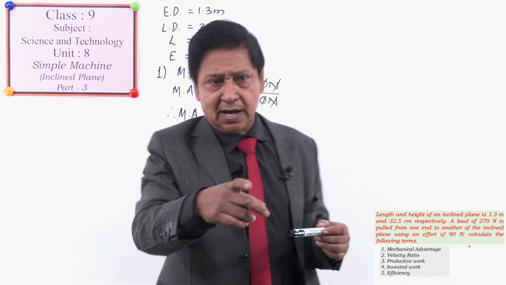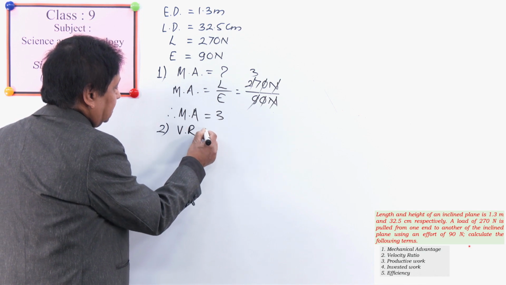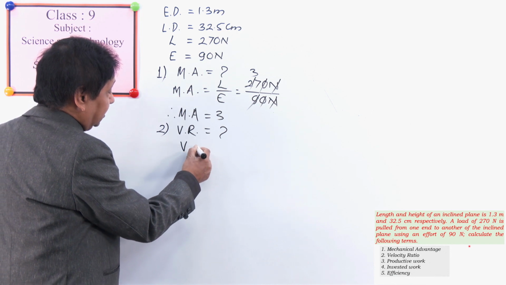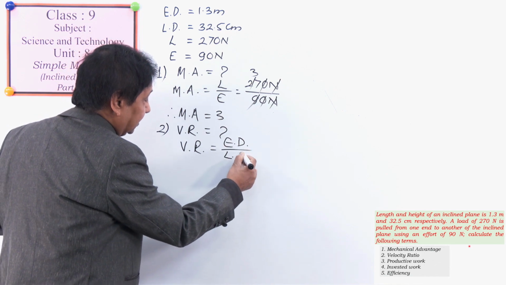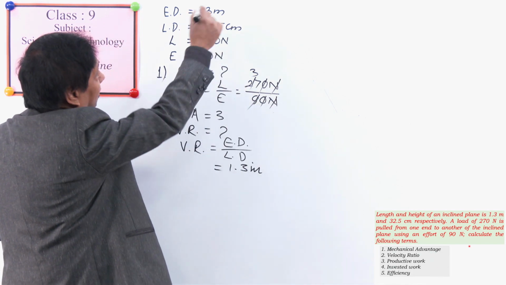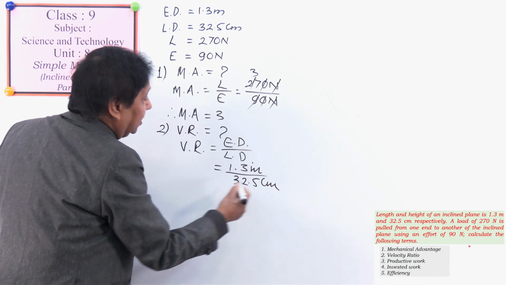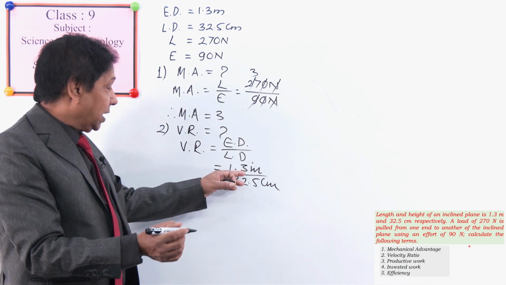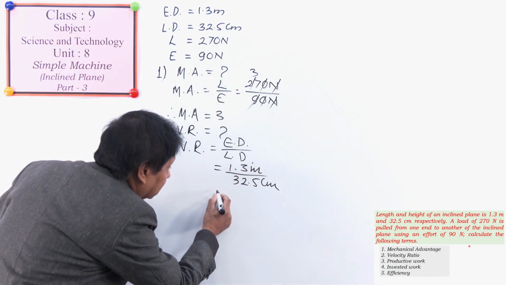Mechanical advantage is 3. Now second, velocity ratio. VR is equal to question mark. Now what is the equation for VR? Velocity ratio is equal to effort distance upon load distance. Now effort distance is 1.3 meter and load distance is 32.5 centimeter. Here is a little contrast. One is given in meter, another is given in centimeter. That's why we have to either convert meter into centimeter or centimeter into meter. So I want to convert meter into centimeter.